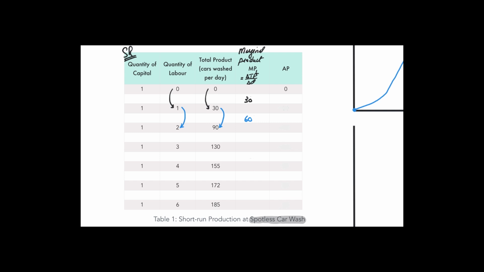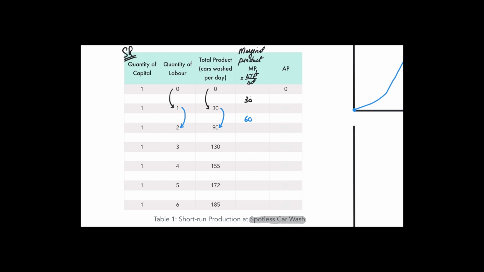When you hired the second person, he enabled a system to come into play where one person was managing inside while the other person was continuously drying the cars outside. And when there was no one on the cash register, probably this guy also goes and helps them out. So they were able to clean a lot more cars as a result of this proper system coming into place.